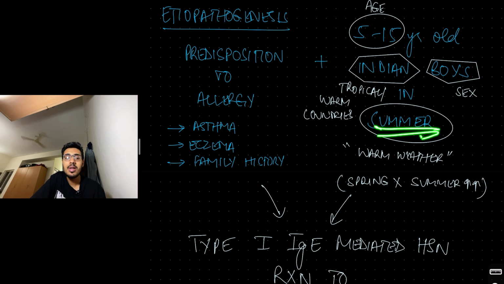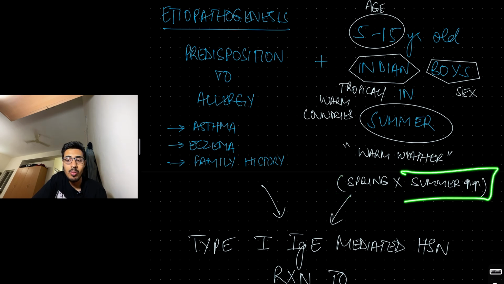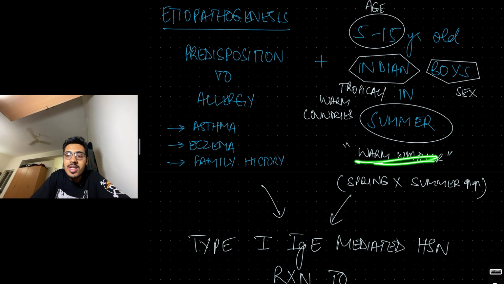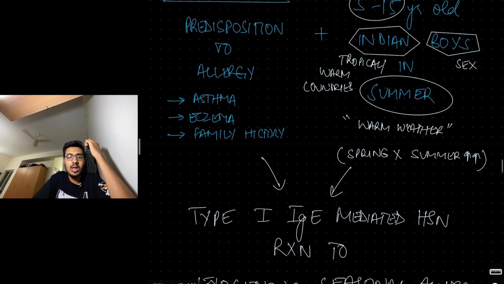And summer, this is much more common in summer. Actually, the name spring catarrh is a misnomer because most symptoms appear during summer, during warm weather. Hence, it is also known as warm weather conjunctivitis. So, predisposition to allergy, and then risk factors like young age, male sex, warm countries, and warm weather. That is about risk factors.